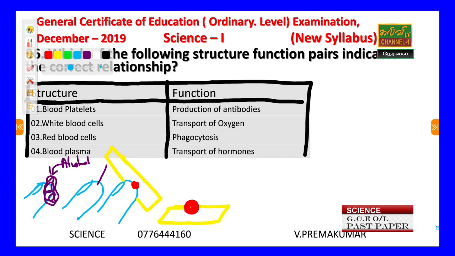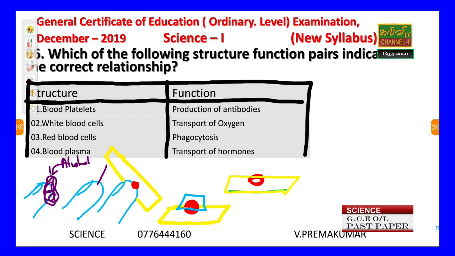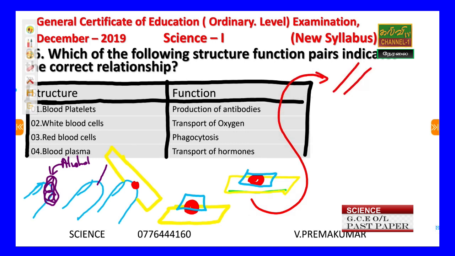Now we can see the slide like this, with the blood specimen covered by the cover slip. This is shown under the microscope.